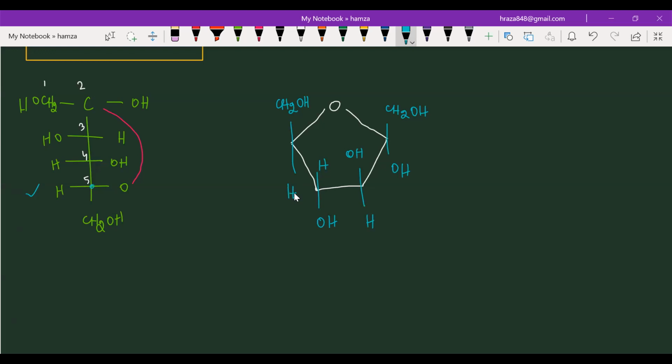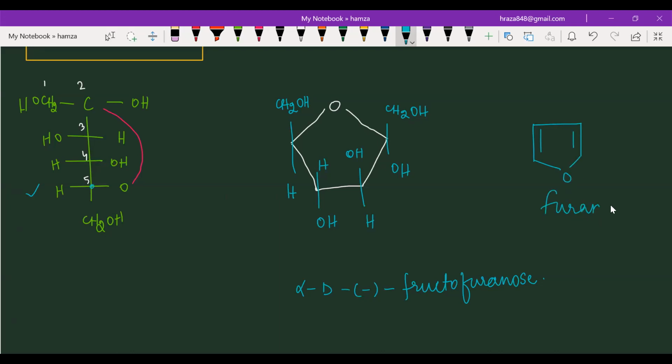Its name is very easy. Its name is alpha-D-(minus) fructofuranose, because its structure is similar to furan. That's why it is fructofuranose. So furan has a structure similar to this. You can see this is furan.